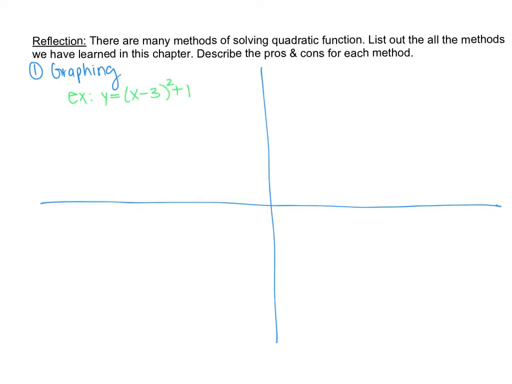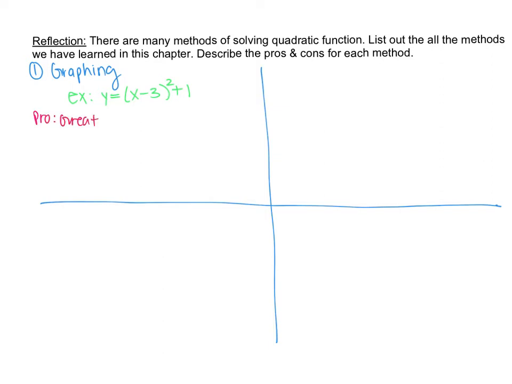It's easy to tell your shift and shift in a direction. So you can plot your vertex, then plot your slope, graph it, and see where it crosses the x-axis.